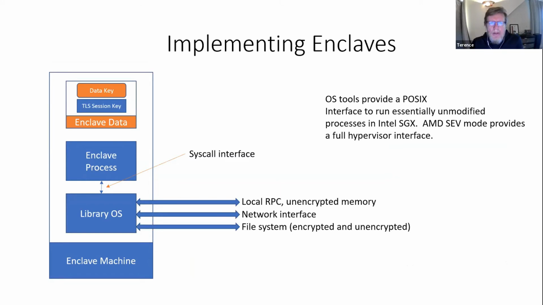And Steve will talk about some of this in some more depth. But we would like to basically have an enclave process not have to be built from scratch. So there are these things called library OSs.